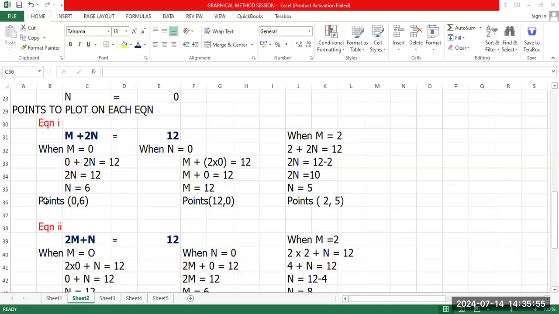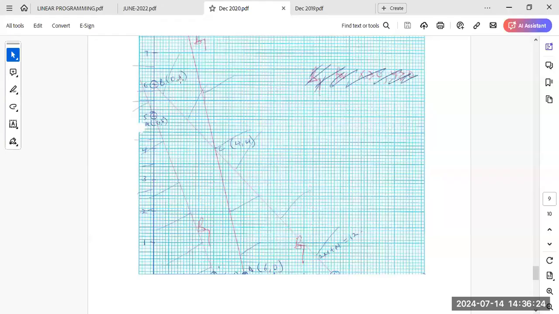So for you, you have these points. Kindly confirm whether you have these points. Agnes, are you on? Now, if you have those points, the first one is 0 and 6.